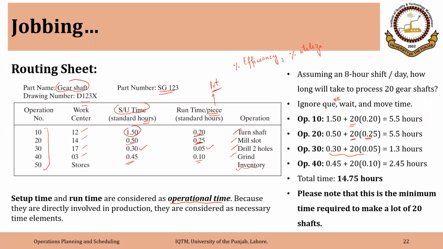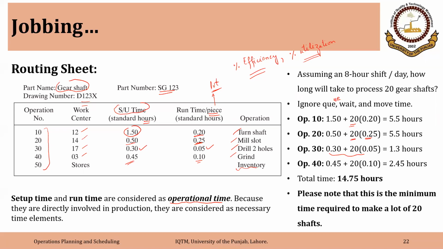So we will define these two terms in the next lecture, but efficiency in simple words relates to the speed of the process, and utilization is about the uptime, how much time the machine is being utilized. So we are assuming ideal efficiency and ideal utilization.